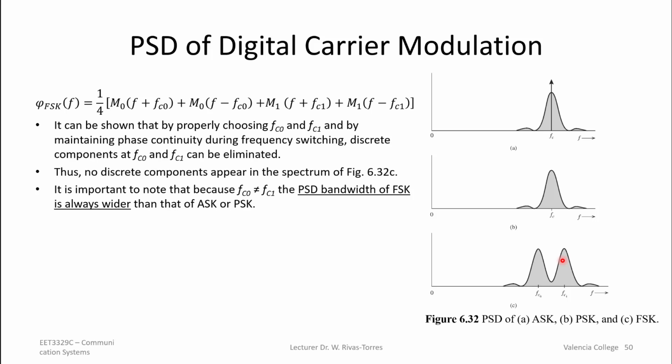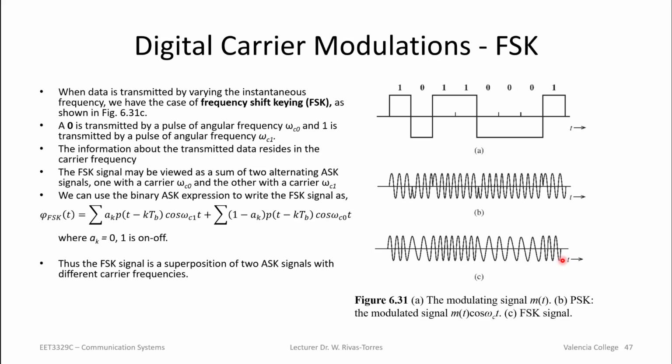Now, it can be shown that by properly choosing FC0 and FC1 and by maintaining phase continuity, and let me go back and talk about what is meant by phase continuity. When you go from the 1 to the 0, there's nothing that disrupts the signal.